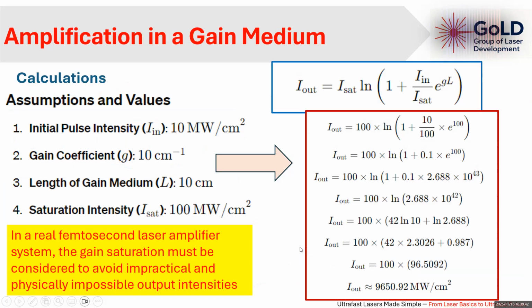This is how you can calculate if some values are given. You can see here the input intensity is 10 megawatt per centimeter square, gain coefficient is 10 per centimeter, length is 10 centimeter, and saturation intensity is also given, which is 100 megawatt per centimeter square.